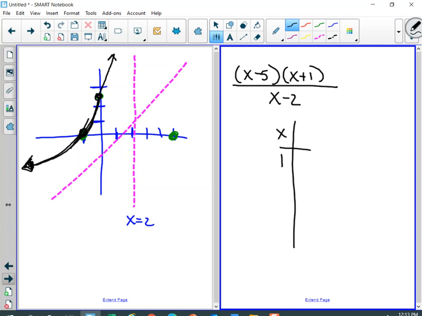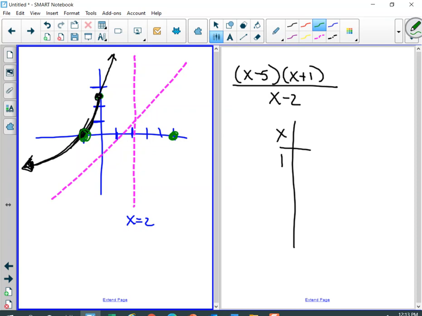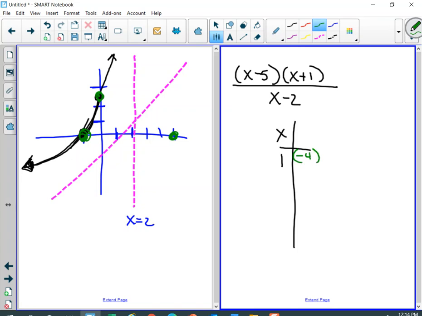I'm thinking an x of 1, just so we have this point and we have this point, just to kind of finish off that path. So let's see, that would be a negative 4 when I put in 1 minus 5, and a 2 over negative 1. So negative 8 over negative 1 would be positive 8.